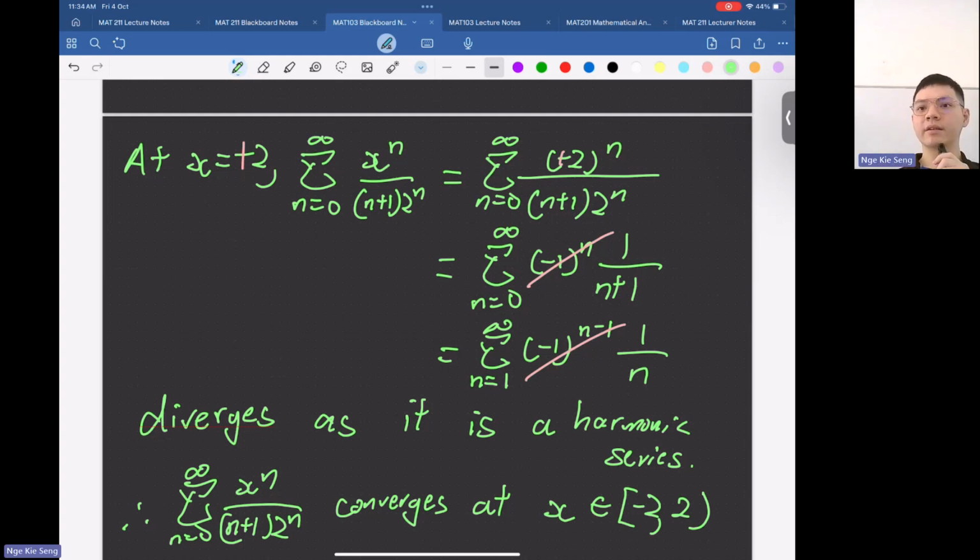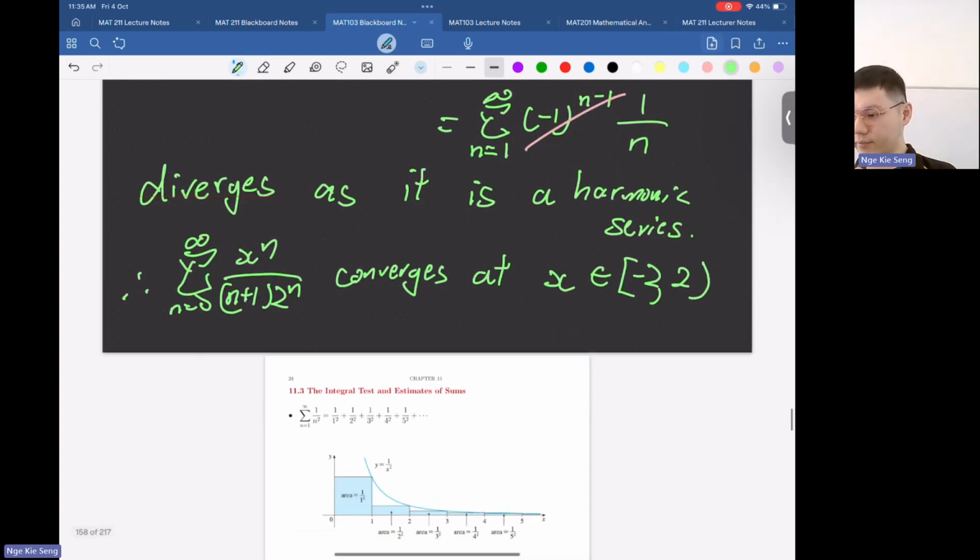Okay, is it clear now? So you can see this is a series with a variable that converges for a range of x. For what kind of range could you get?